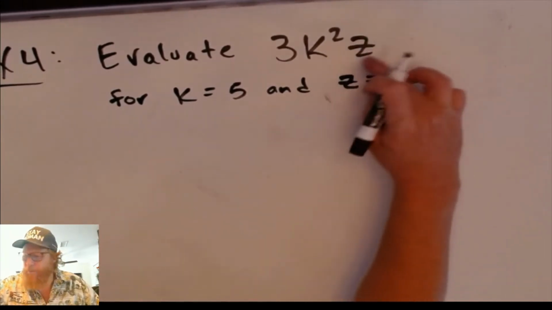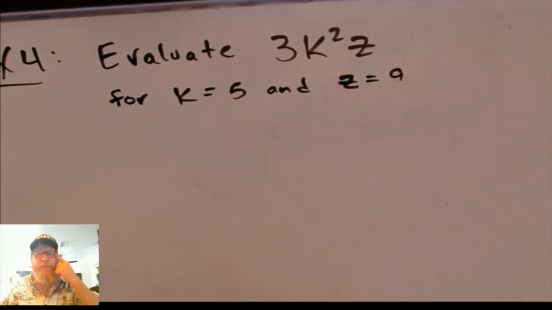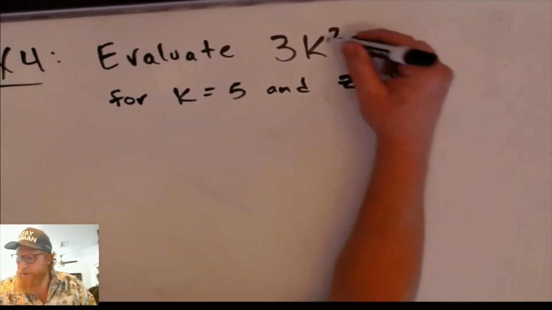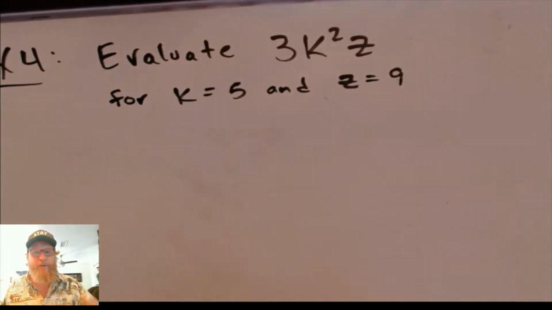I typically write my z's with a slash through the middle just so that it doesn't look like the number 2. I recommend you probably do that as well, unless you're really particular about how you write them. Z's and 2's can sometimes look very similar.